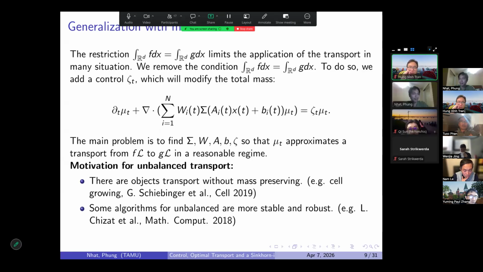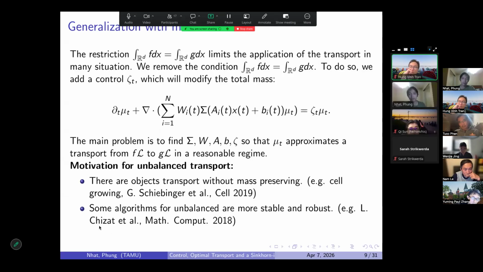It may grow, or it may shrink, but it will not have the same mass over time. A lot of objects are similar, and they don't keep the same mass. So this model makes sense in actual applications.